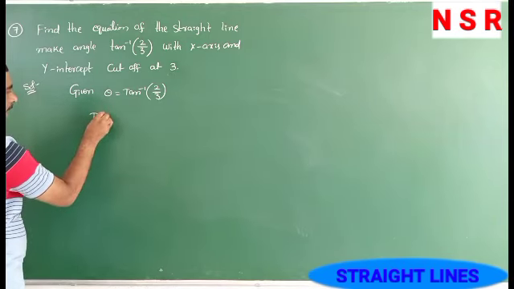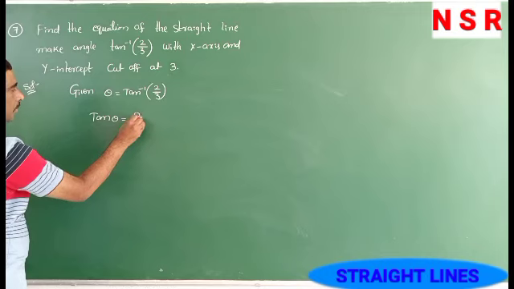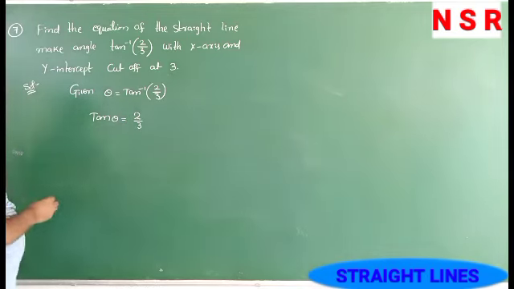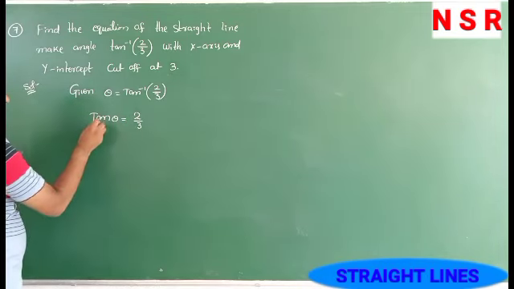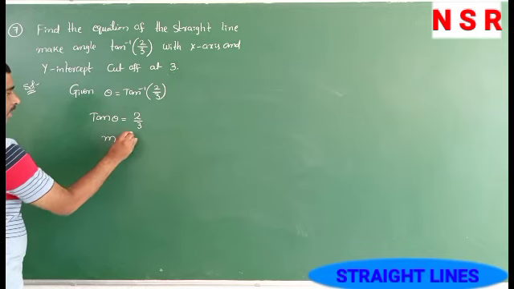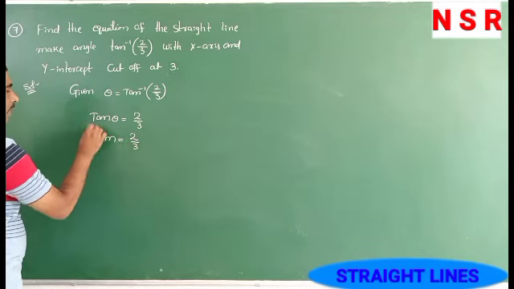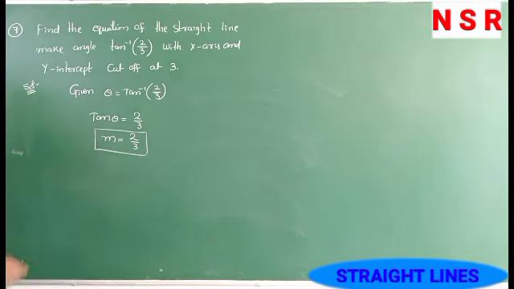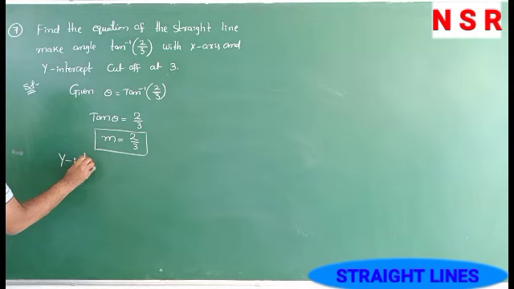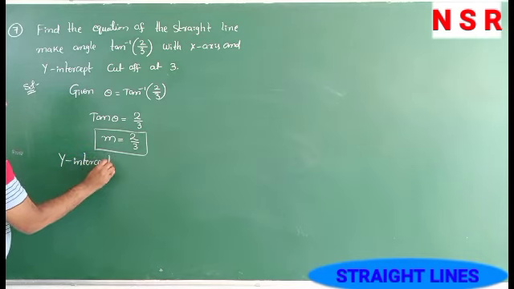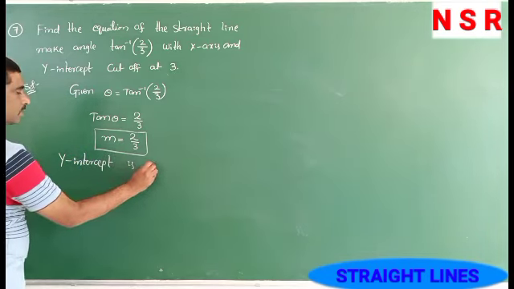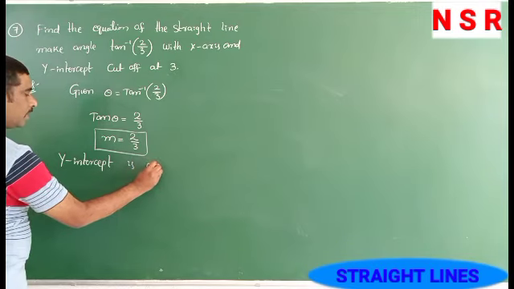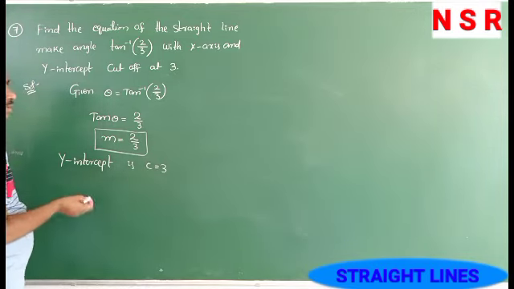So we get tan theta is equal to 2 by 3. You know that slope m equal to tan theta, in place of tan theta write here m. So m value is equal to 2 by 3. So we get slope, and also given y intercept. So y intercept is c, and c value given is equal to 3.